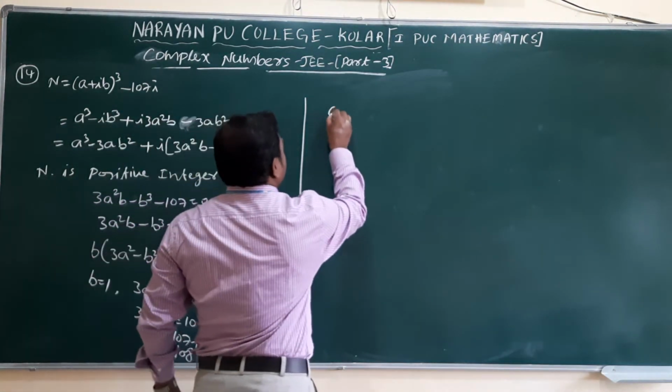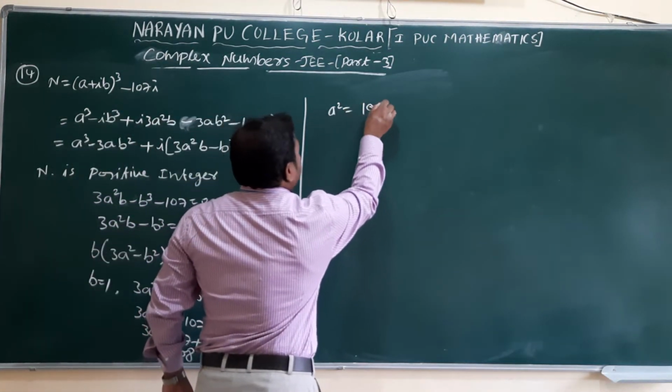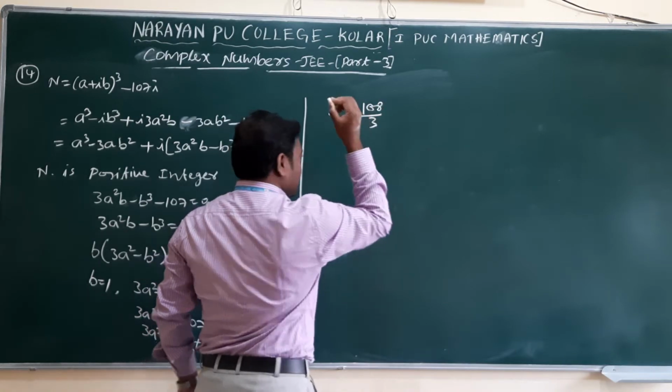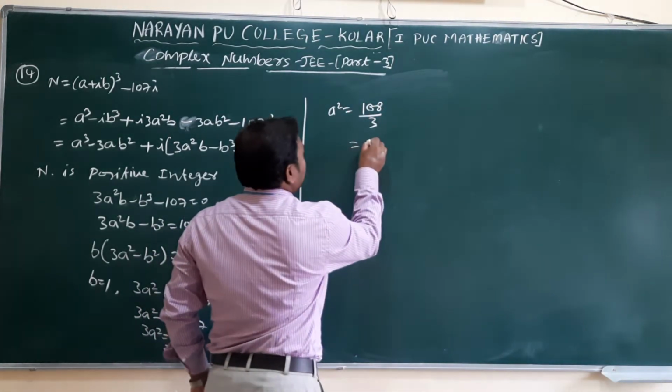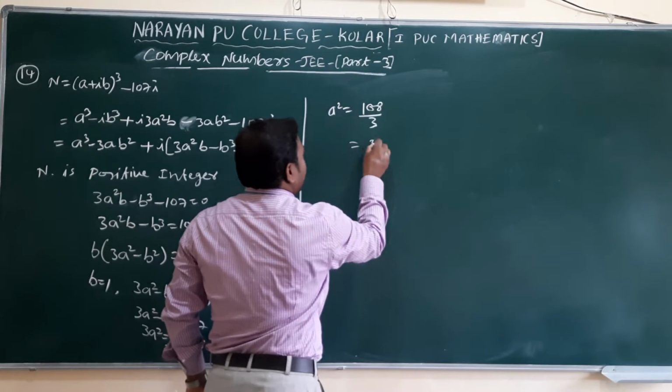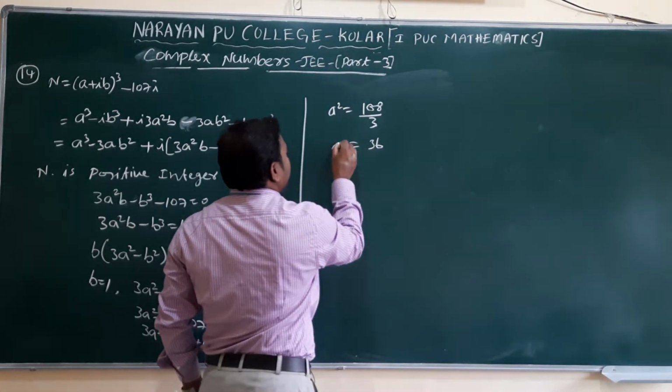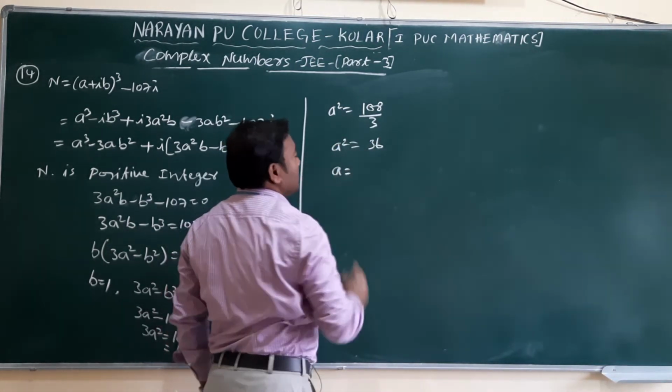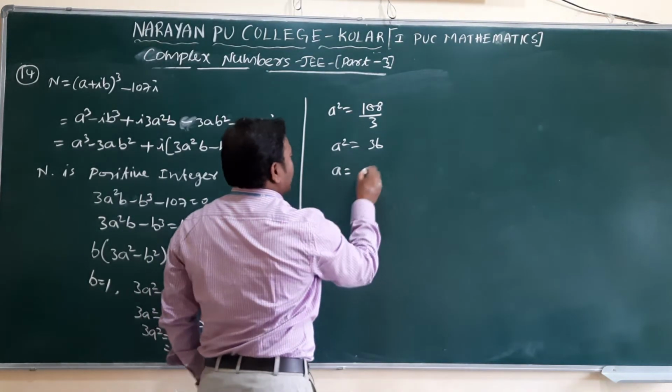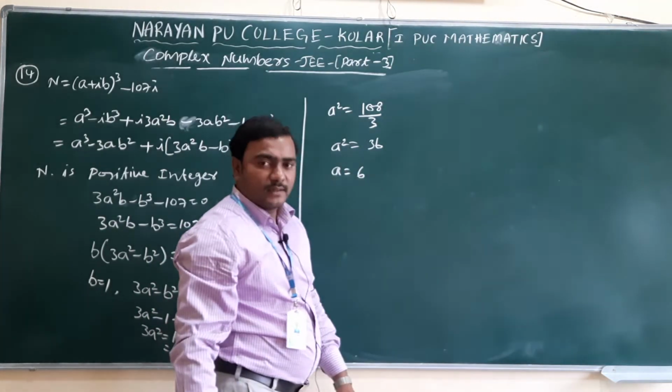Now a square is 108 by 3, which is 36, so a is equal to plus or minus 6.